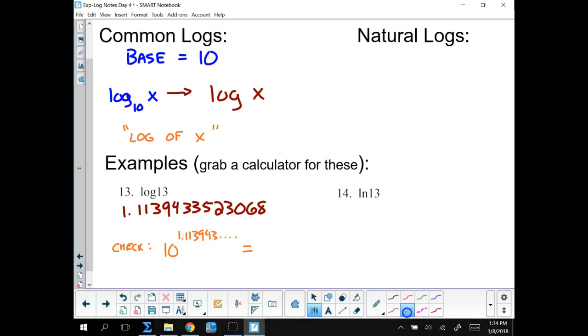If we round it, it's not going to be exact, but it should be 13. The more you round on it, the farther away from 13 it's going to be.